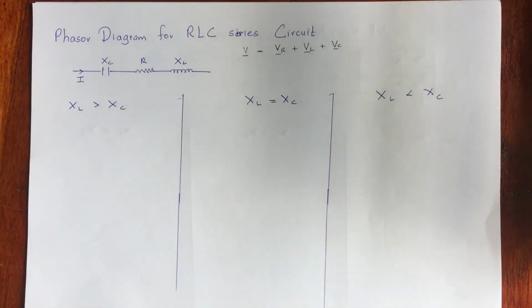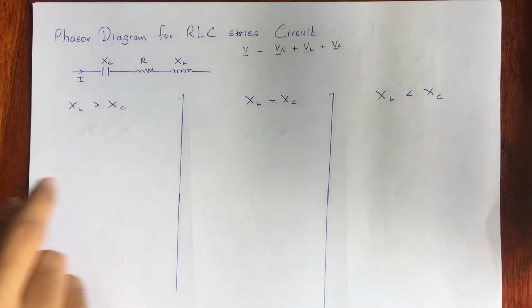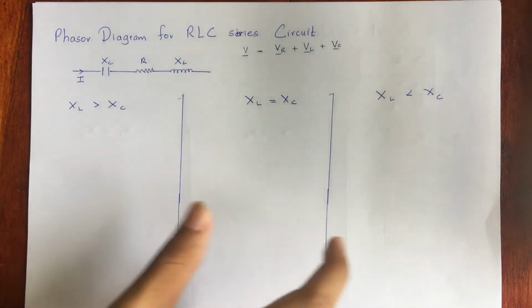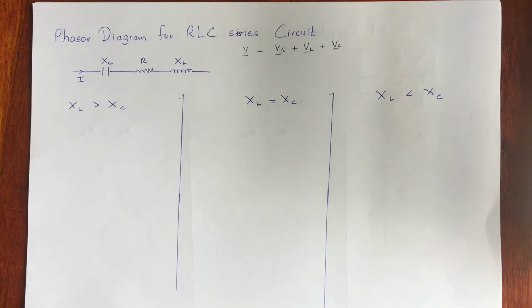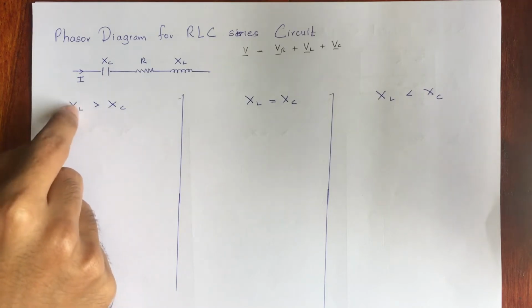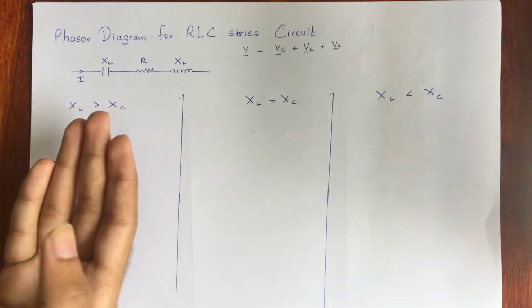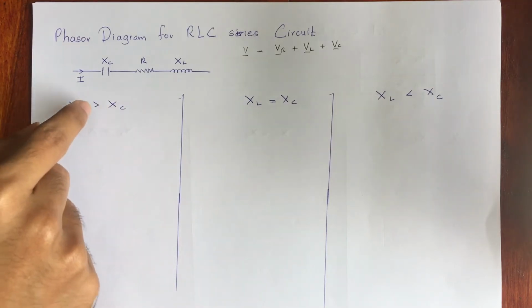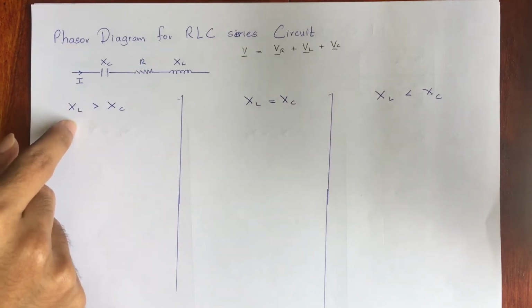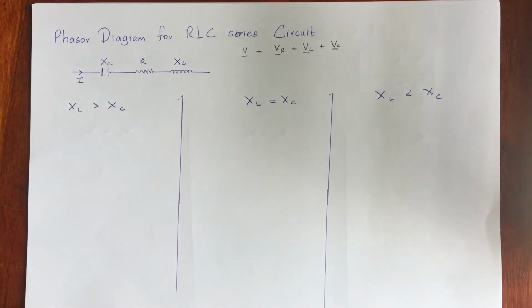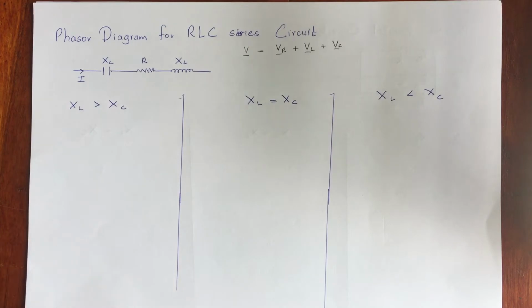We knew that I is going to be the same, so we take I as the reference for all three. The voltage might differ when XL is equal to XC and when XL is greater than XC. So we need to figure out whether the voltage across the inductor is greater than or less than the voltage across the capacitor.